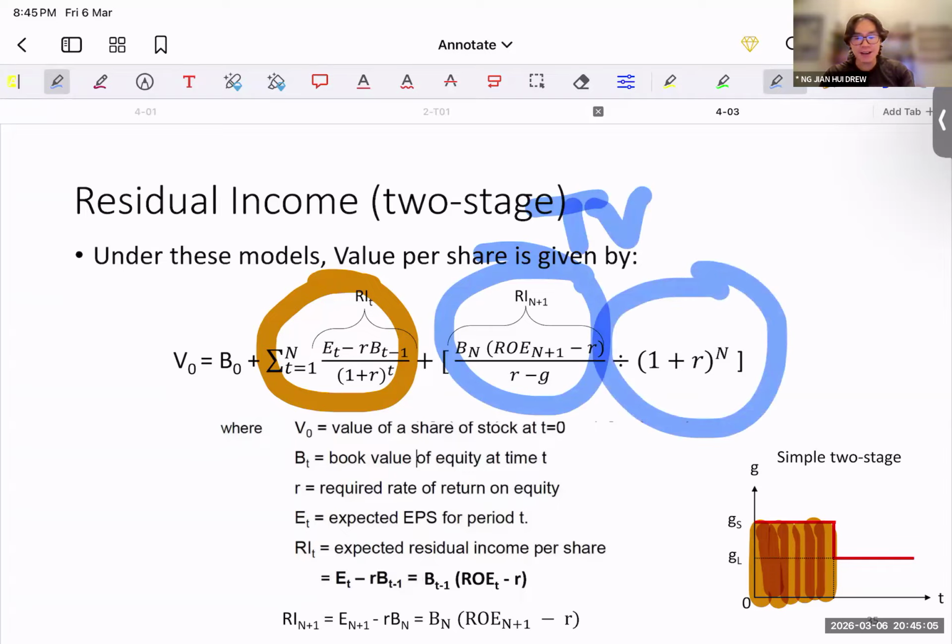And then this is your discount factor, so the present value of TV. Now, for your residual income model, you have one more thing, sorry, the beginning book value, right? Because the residual income model starts off with the beginning book value, and then you add in all the residual income that you get.